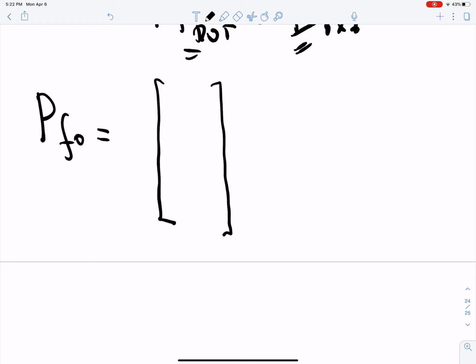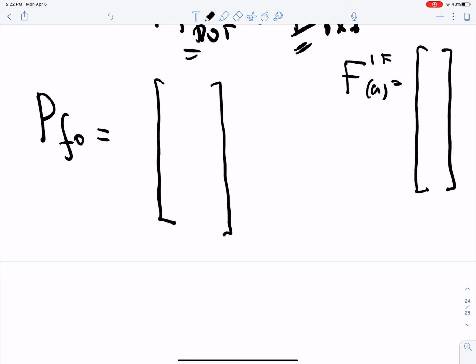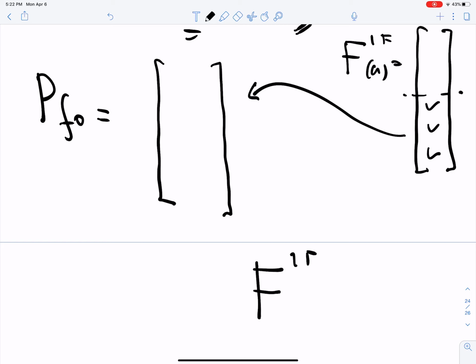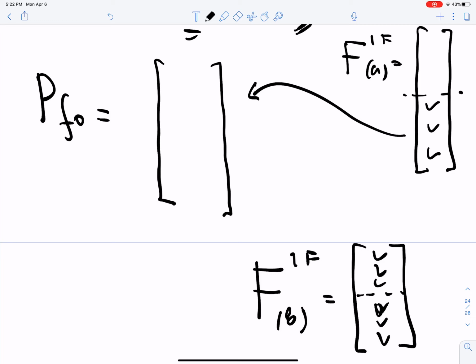And what you see is the element, right, F prime for element A, right, will contribute its bottom 3 entries here, and from B will contribute its top 3 entries there, okay, because of the ID, right?